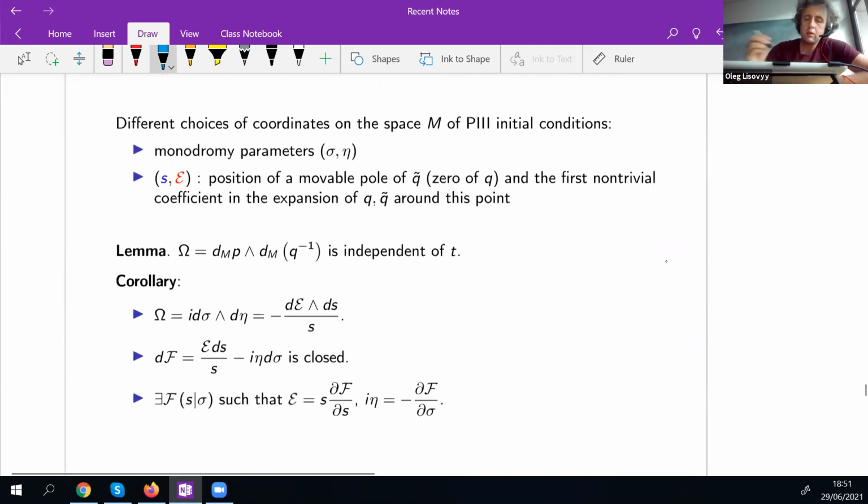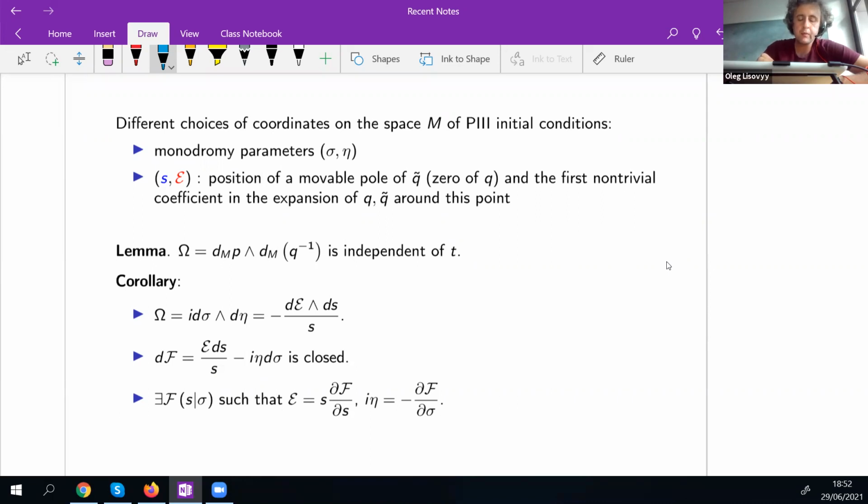For that, let me note that this connection allows us to introduce coordinates on the space of Painlevé 3 initial conditions, on the space of monodromy data, in a slightly different way. Instead of using the monodromy parameters sigma and eta, we can take as local coordinates the position of a movable pole of the Backlund transformed solution, or zero of Q, and the first non-trivial coefficient in its expansion around this point.